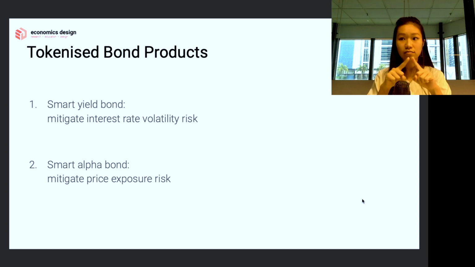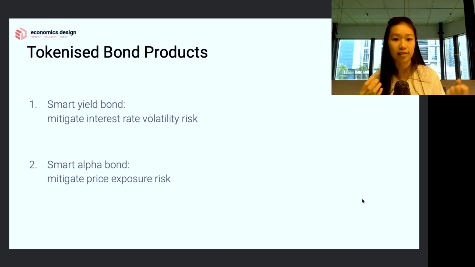So that $600 difference is the alpha, the change in price. And this price exposure becomes a risk, because if I'm trading everything in ETH and I'm paying people in ETH, and suddenly the price of ETH goes up so much, then it's going to be very expensive because everything is denominated in ETH. So this is one of the reasons why these products exist. You want to mitigate the price exposure risk.